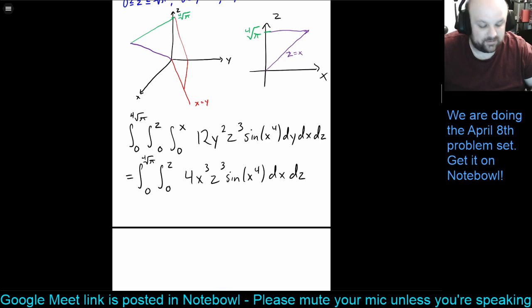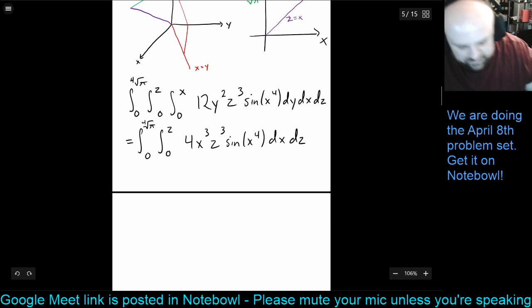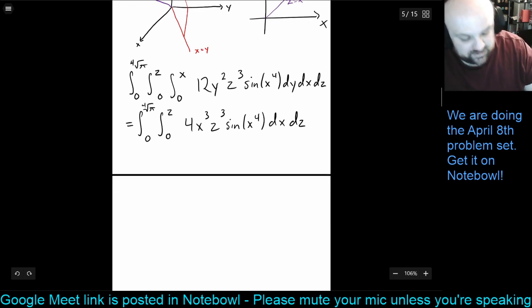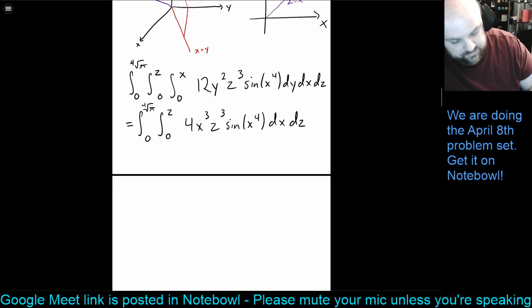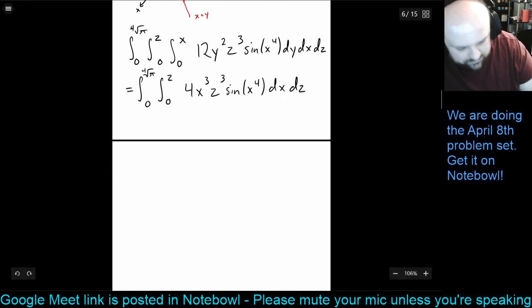So if we integrate this with respect to x, okay, either way, we're going to wind up with that. Never mind, it's fine. All right, so let's go ahead and integrate this as it is. Sorry, I was thinking about something. We're going to be stuck with this anyway. All right, so let's integrate this.